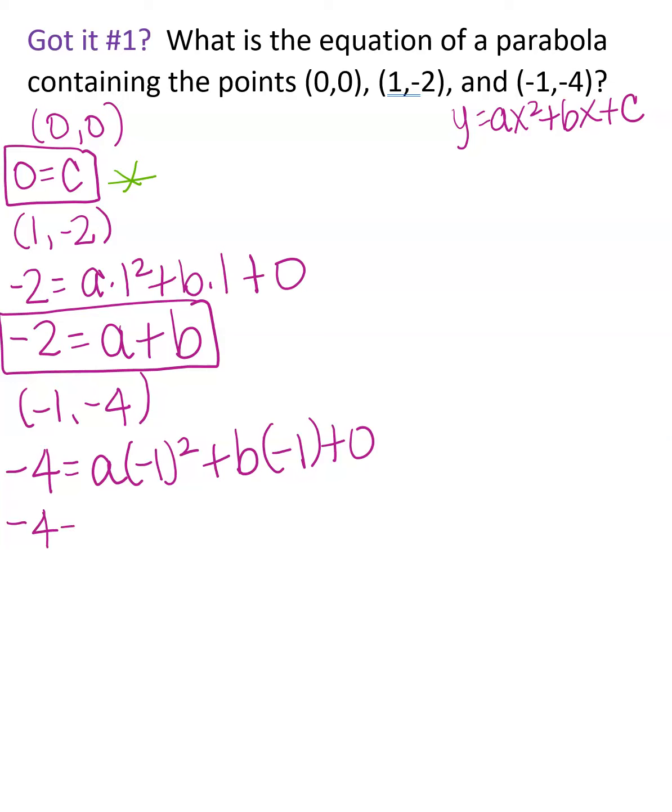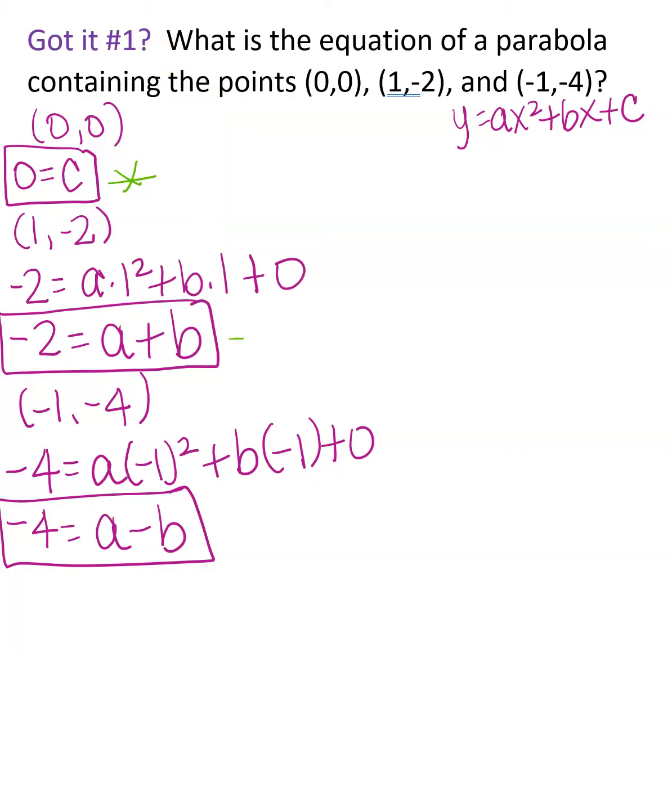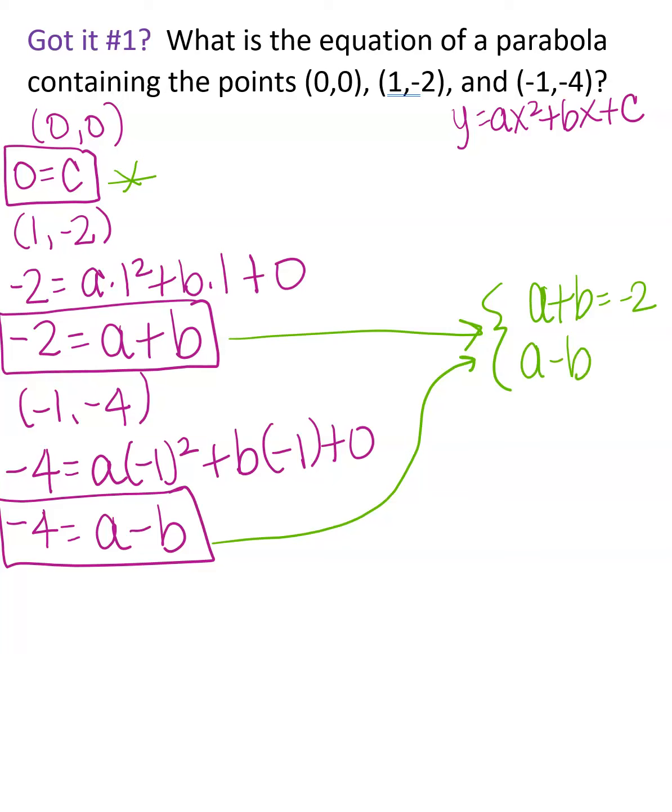Simplifying, we get -4 equals a minus b. We're going to put those two together: a plus b equals -2, and a minus b equals -4. It's already set up to do elimination, so 2a equals -6, a equals -3.